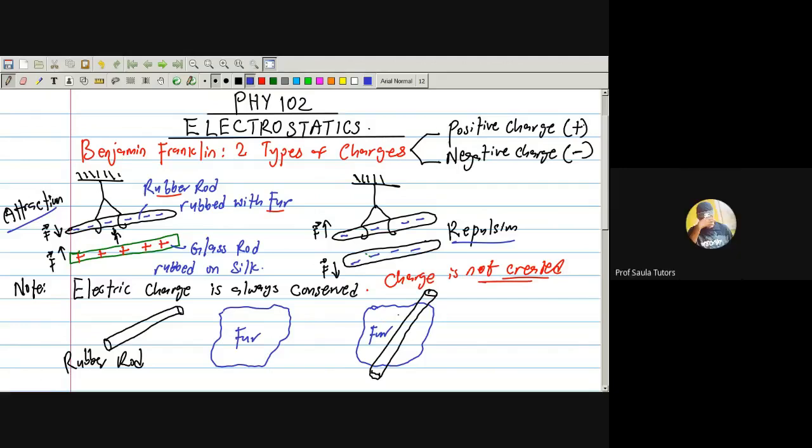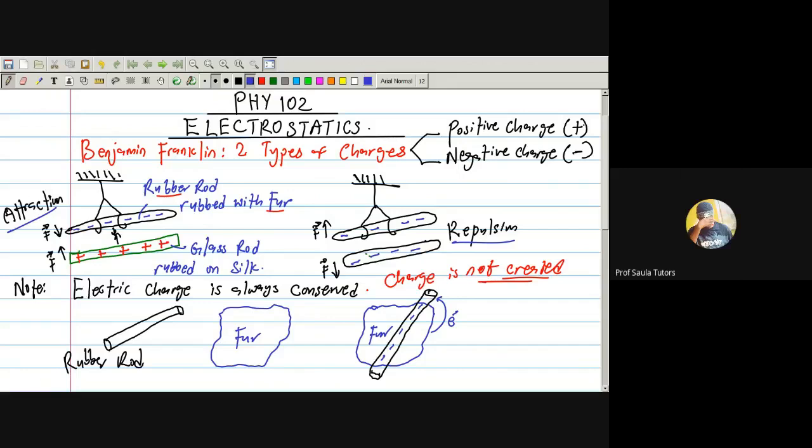That is, negative charges are being transferred from the fur to the rubber rod. That is why the rubber rod will have more negative charges than positive charges. Then it will acquire a net negative charge. So what happens is that electrons are being transferred from the fur to the rubber rod, and that is why it acquires a net negative charge.